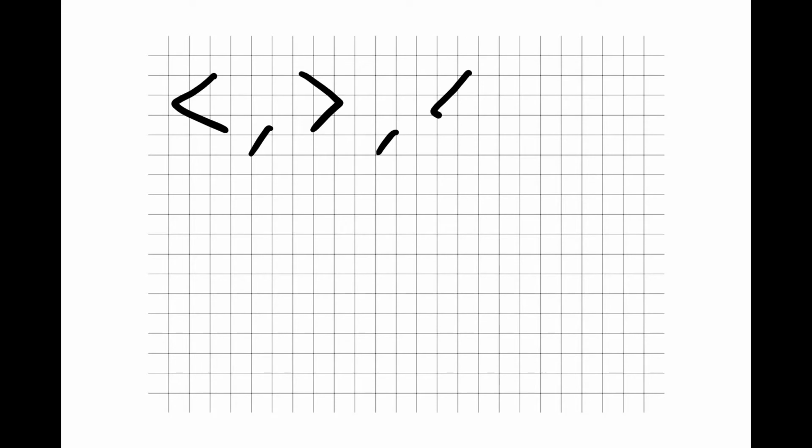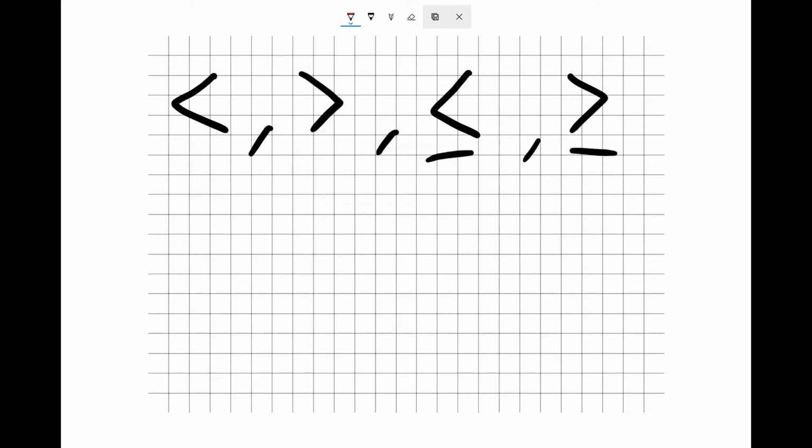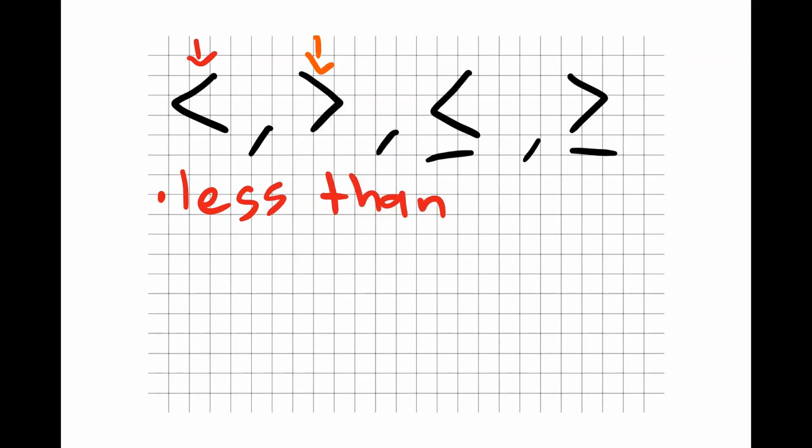These signs might look familiar. Let's go over what each one means. This symbol right here is less than. This one is greater than.